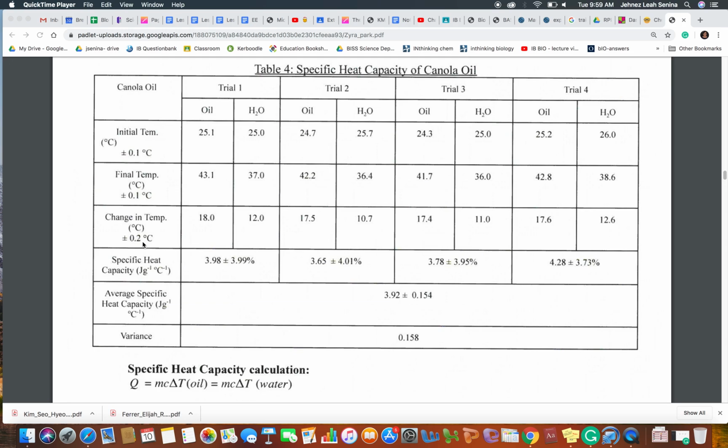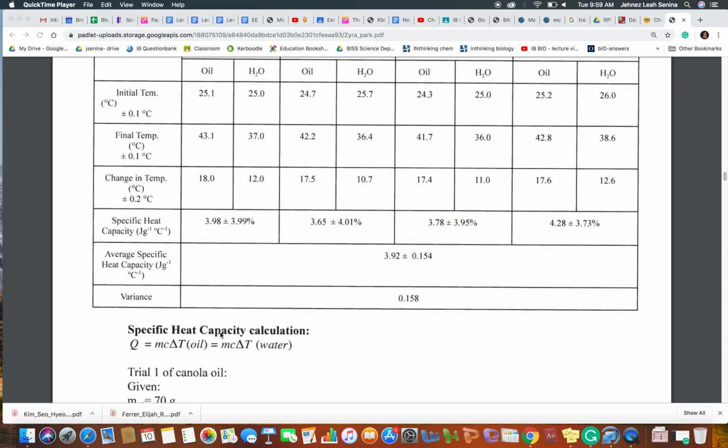So her specific heat capacity. Why do we need change in temperature? Because what formula do you think she's using here? Q = mcΔT. So if you're given the mass, you're given the temperature change, then you can solve for the Q, and then if you have Q, then you can solve for the specific heat capacity.